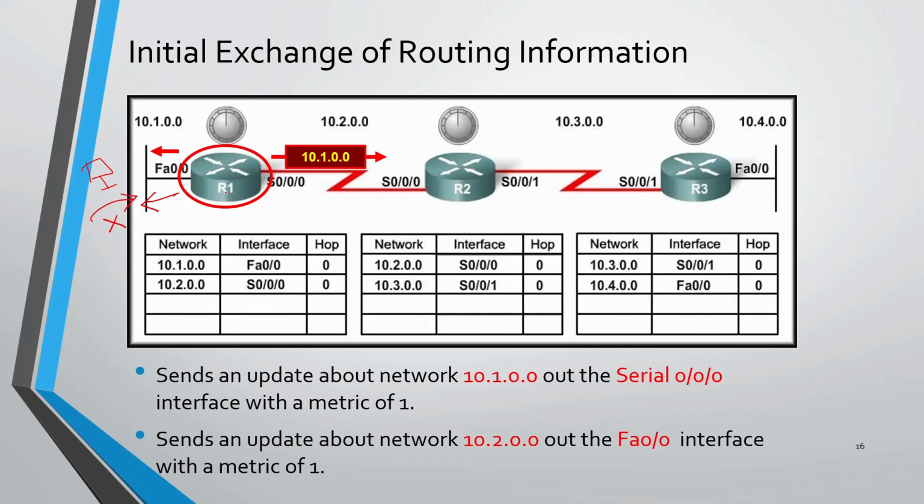So that's why no routing information is going to come to router R1 from the left side. That's why this interface is called a passive interface. If you send any routing information on the left side of router R1, no information will come back to router R1. That's why it is called a passive interface.